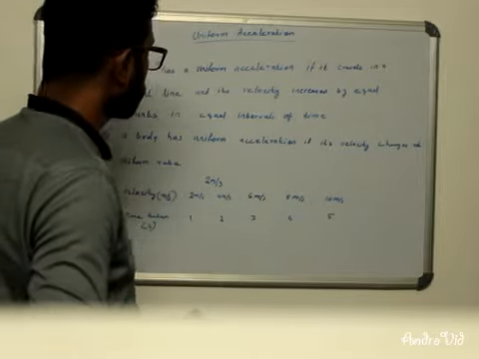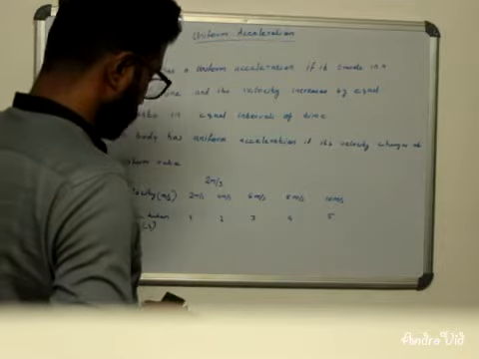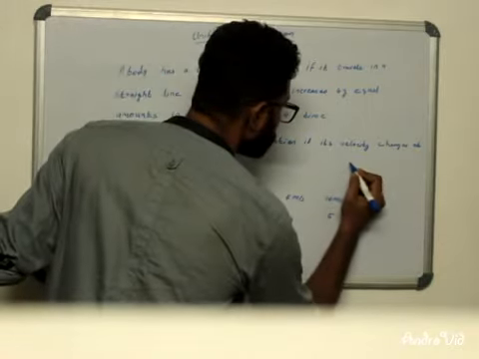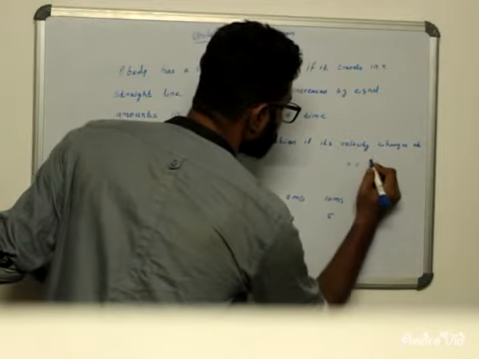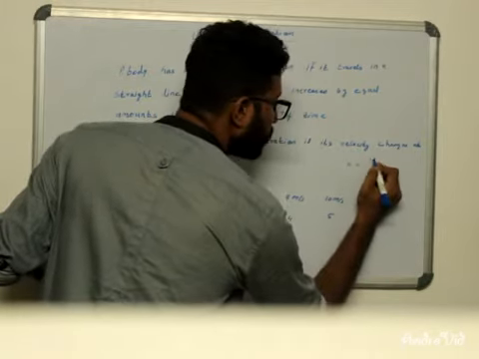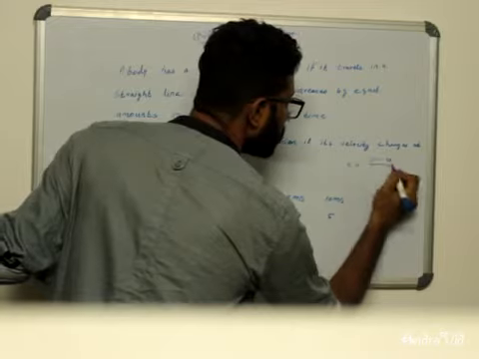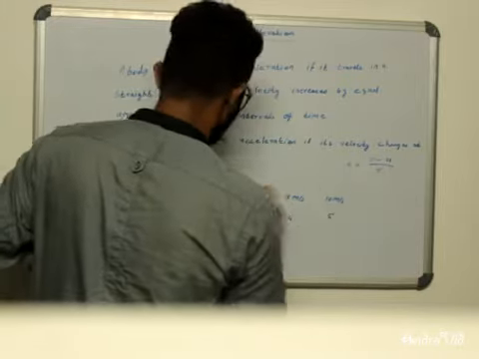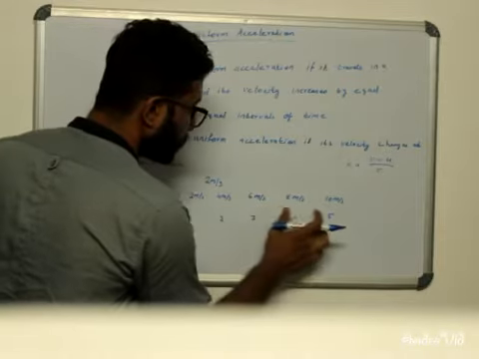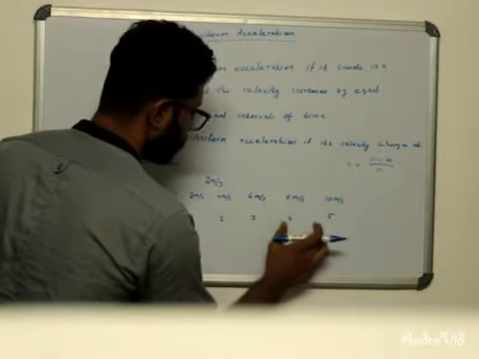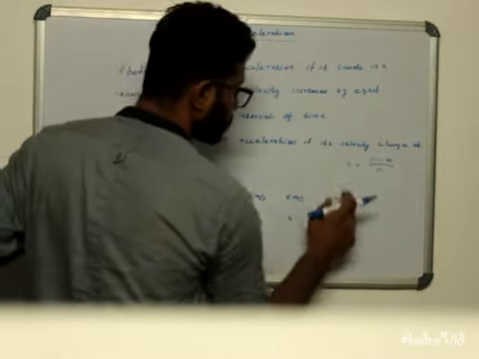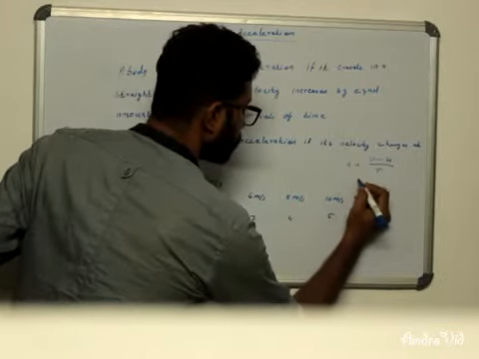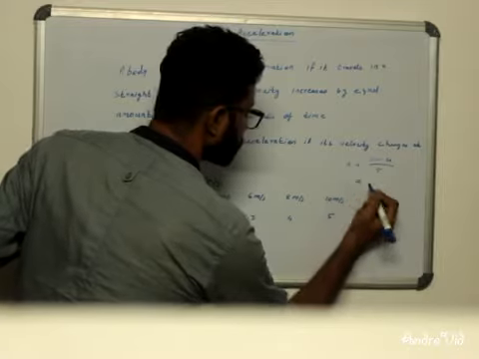So we know what the equation for acceleration is. The equation for acceleration is a equals v minus u divided by t. So here, if you take the 4th and 5th second, what is the acceleration?